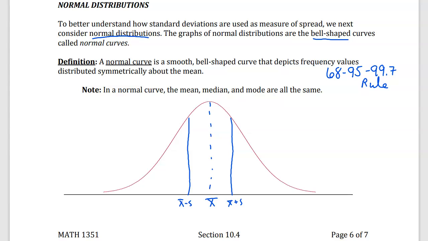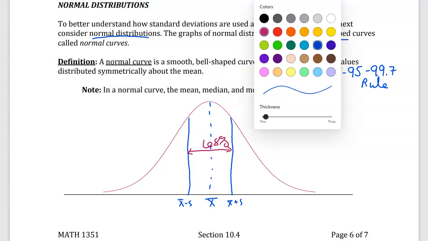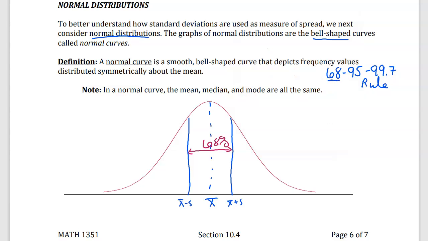The amount of data that is in between these two lines is going to be 68%. Which, okay, if you look at this curve, that's the highest amount. That's a good chunk of the data. So this rule is 68. One standard deviation includes 68% of the data.